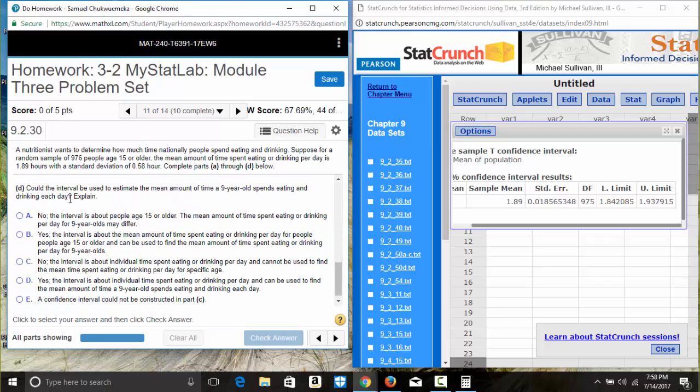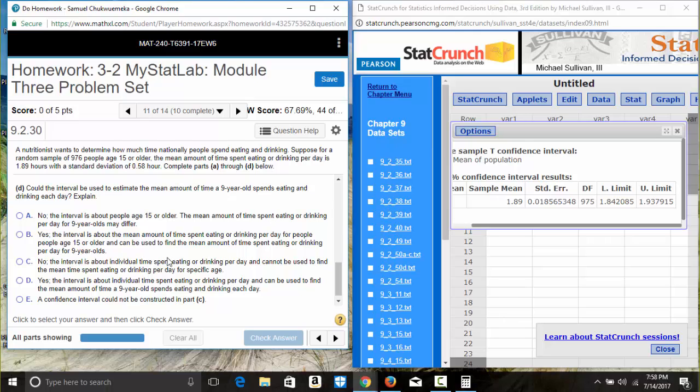Then the next question: could the interval be used to estimate the mean amount of time a 9-year-old spends eating and drinking each day? The question says people aged 15 or older, so we can't use that for 9-year-olds.